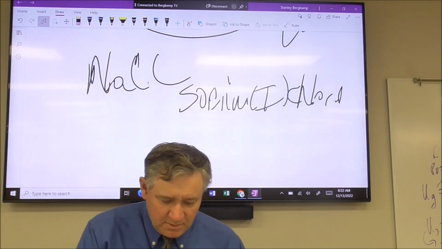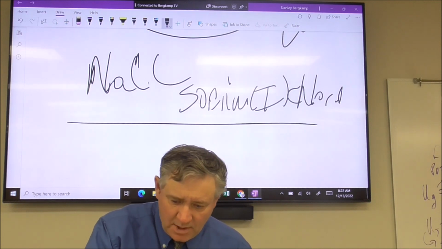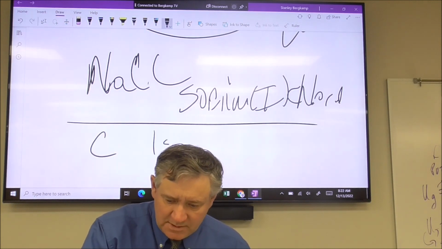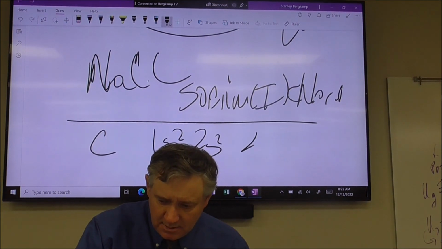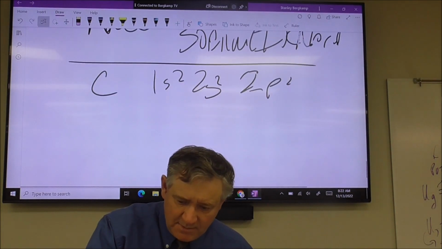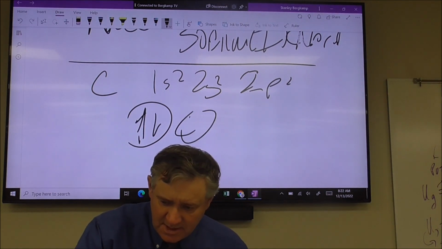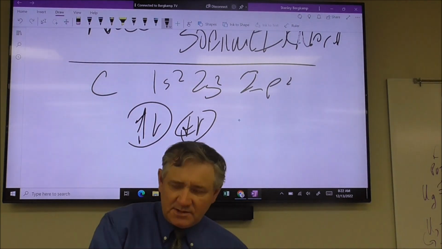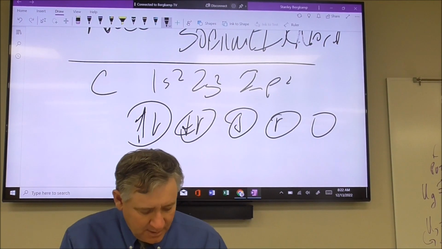Remember, on your orbital diagrams, for example if you wanted to do carbon, carbon is 1s2, 2s2, 2p2. That's when you come in here and you go your up arrows, your down arrows, and then p has 3 sublevels, and you put 1 electron in each one. Okay, so that's what it's talking about with those.